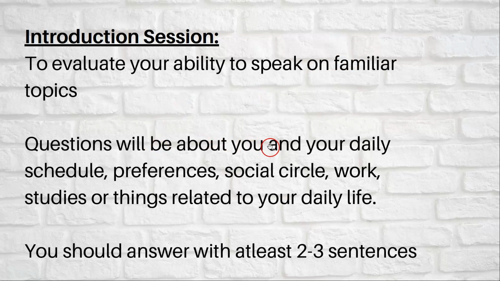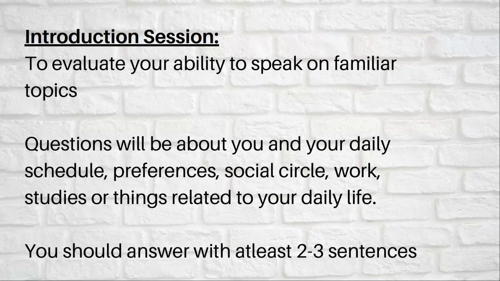The questions will be about you and your daily schedule, your preferences, your social circle, work, studies, or things related to your daily life. Questions can be as simple as relating to your room or your house, or questions can also be about your relatives, your pets, your family, your friends, your colleagues.